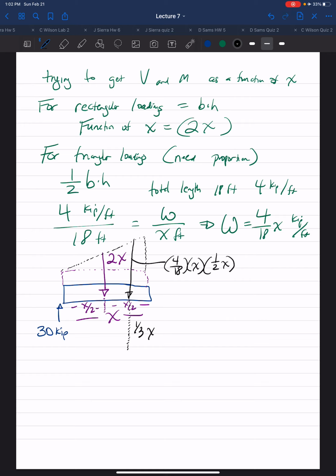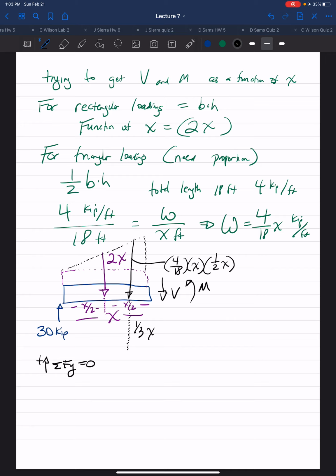And we have to take into account what unknowns we're solving for, our shear force V and our bending moment M. So for the sum of our forces in the y direction equals 0.